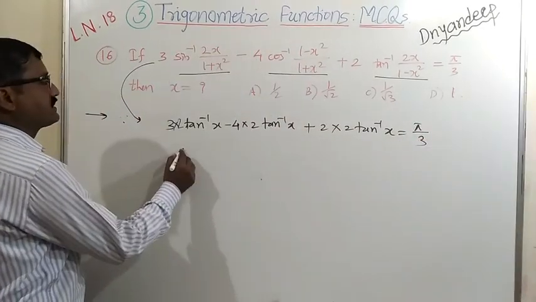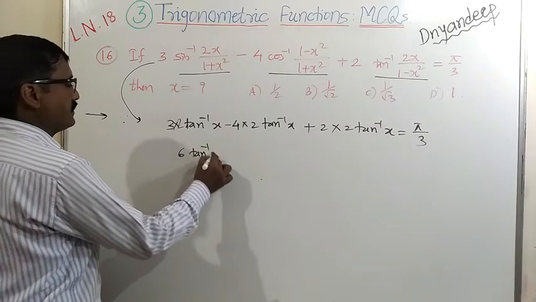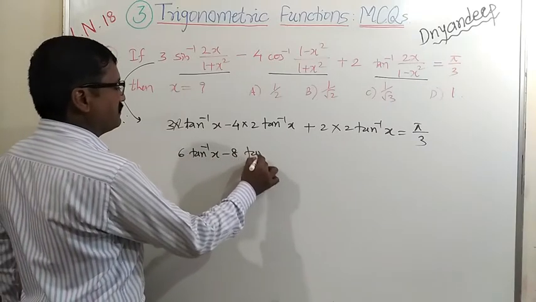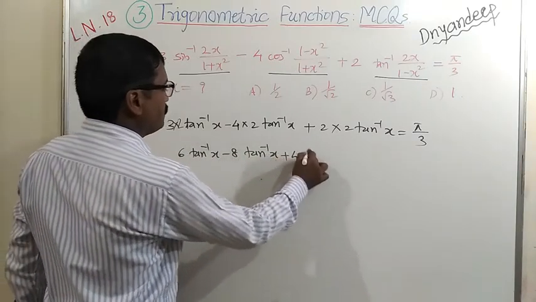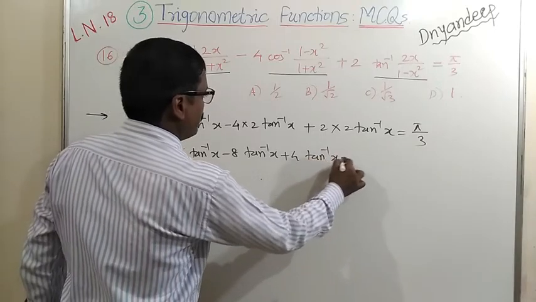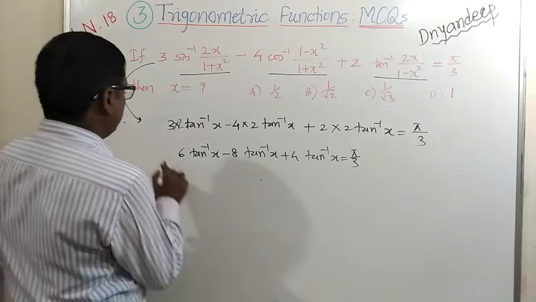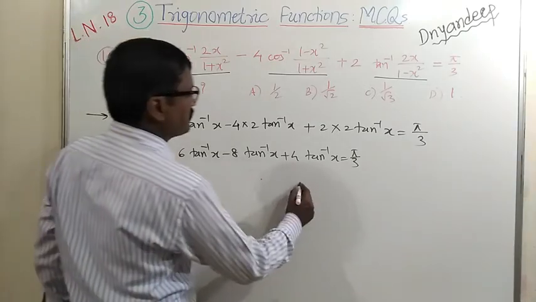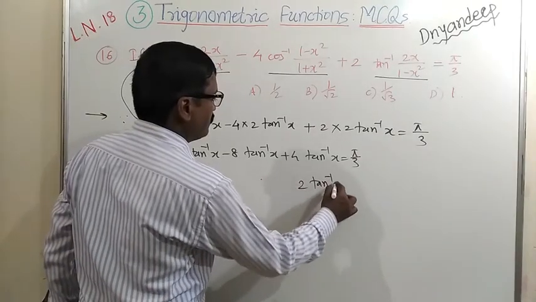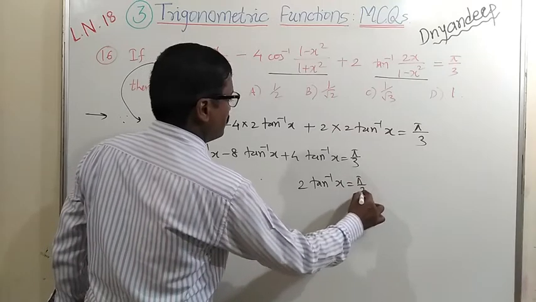So this will be 6 tan inverse x minus 8 tan inverse x plus 4 tan inverse x equal to pi by 3. This will be minus 2 plus 4, that is 2 tan inverse x equal to pi by 3.